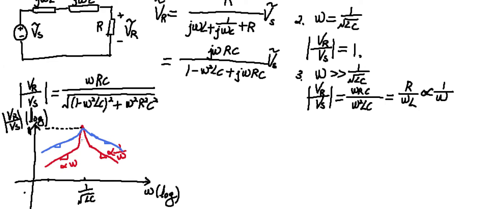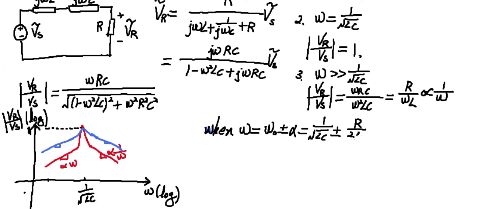The reason that the width of this peak, which is called the bandwidth, is related to the quality factor is because you can verify that when omega is equal to omega 0 plus or minus alpha, that is 1 over square root LC plus or minus R over 2L for our circuit, then VR over Vs will be equal to 1 over square root 2.